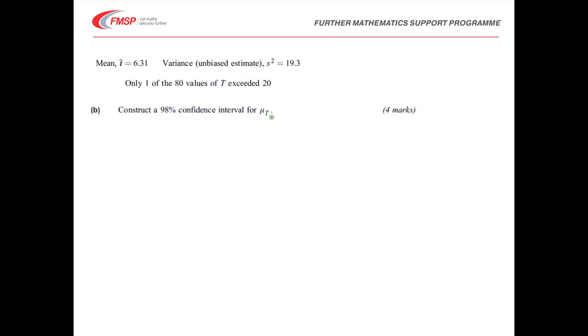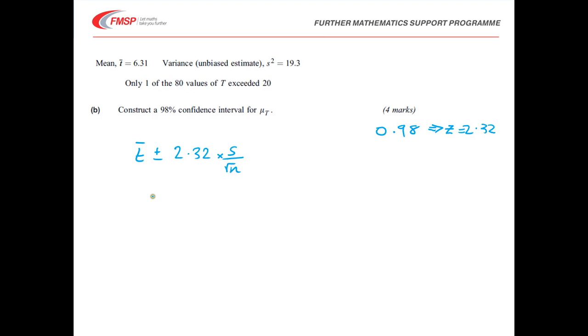So what we are asked now to do, however, is to construct a 98% confidence interval. So again, if you look up your 98% confidence interval, that's going to lead you to a two-tailed z value of 2.32. Okay, and you'd look that up in your normal table. So as before, our confidence interval is going to be T bar plus or minus 2.32 times S over root n.